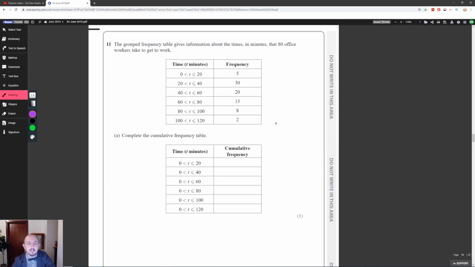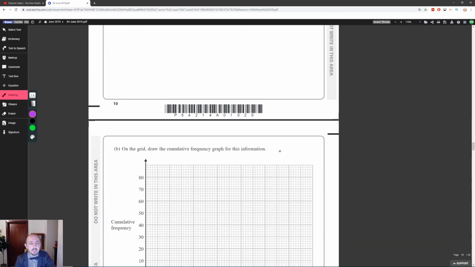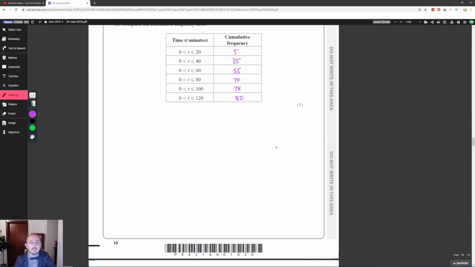Cumulative frequency, so we just have to add these up. 5, 35, 55. Add a 15, that gives us 70, 78, and then 80. Okay, just check that it gives you what's in the question at the top. That's always there. And then we have to plot this, so we always plot the end point of the class. So that's going up in 20s.